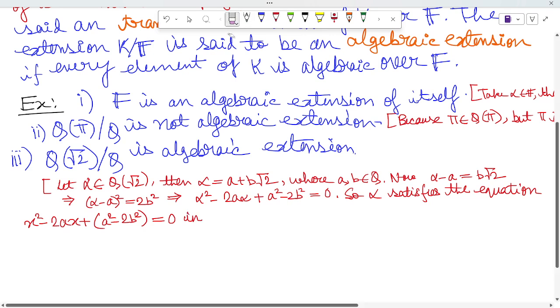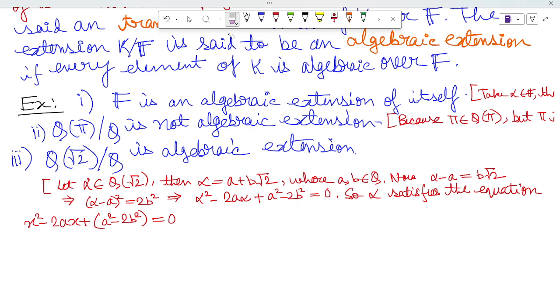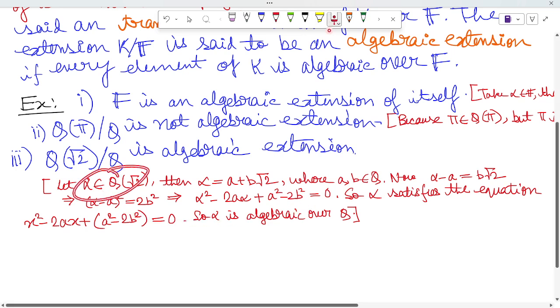And with the equation, alpha is algebraic. So I took any element alpha and it is algebraic. So it is an algebraic extension.